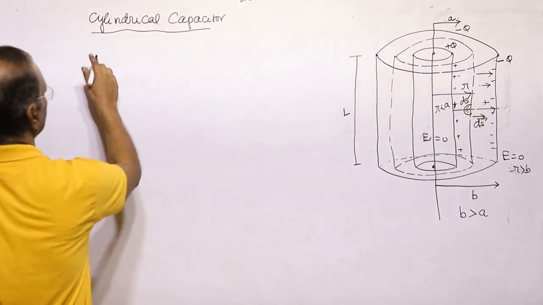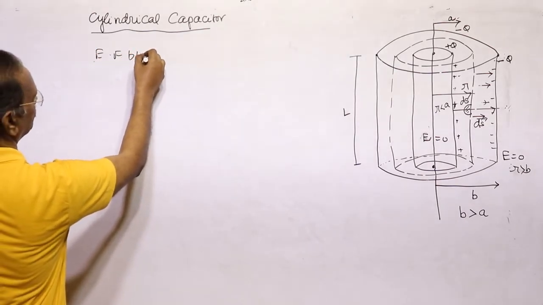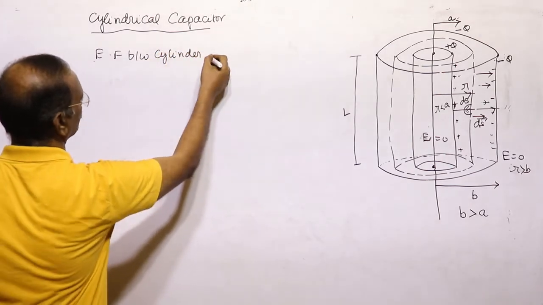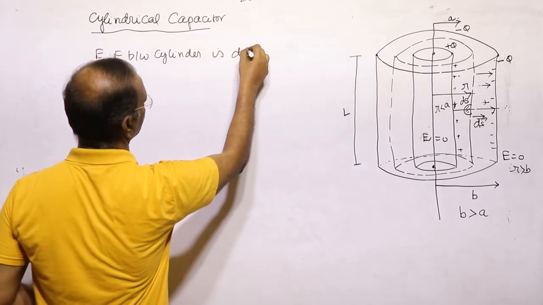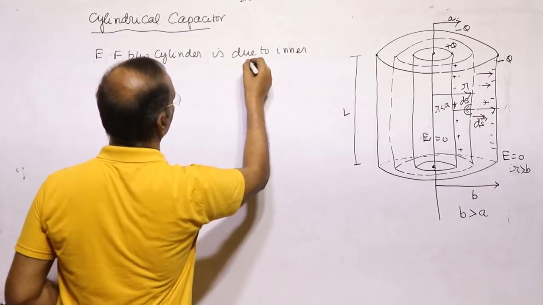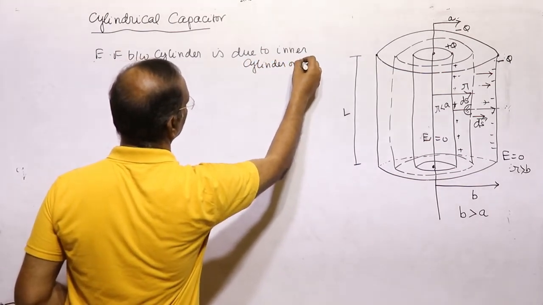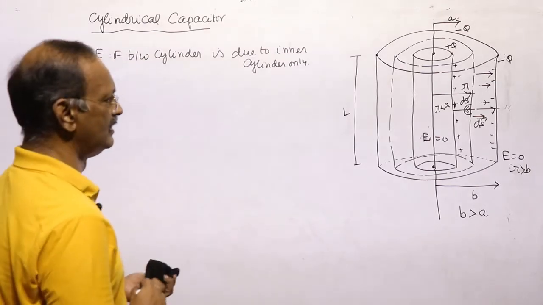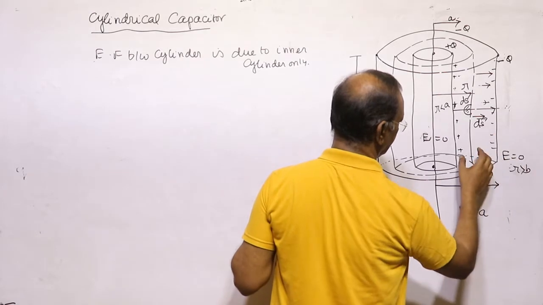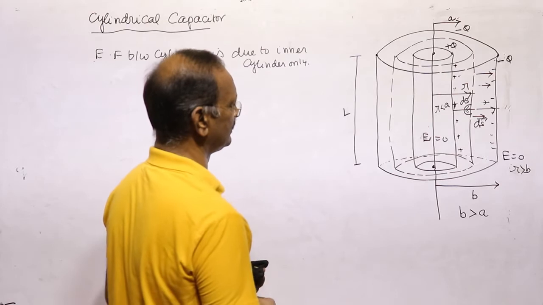It means we can say the electric field between the cylinders is due to the inner cylinder only. The electric field within the inner cylinder is 0, and outside the outer cylinder is 0. It means the electric field exists between these two cylinders.